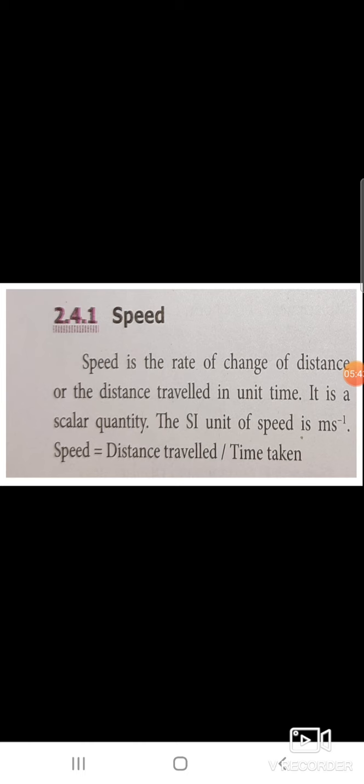For example, a car travels 20 kilometers and 30 kilometers every day. Speed is the rate of change of distance travelled in unit time. It is a scalar quantity, SI unit meters per second, m s^-1. Speed is distance travelled divided by time taken.